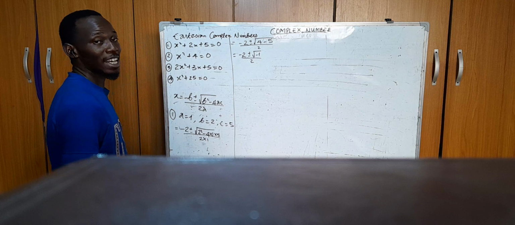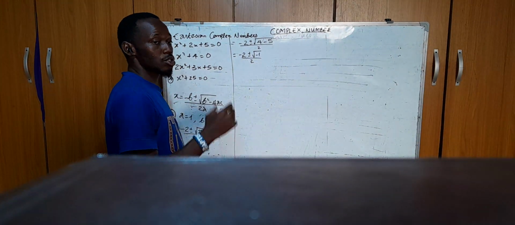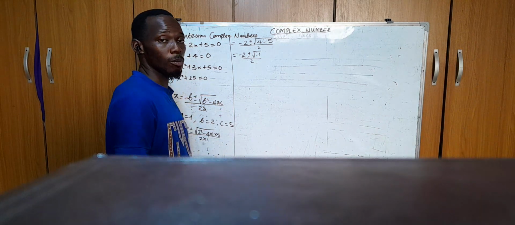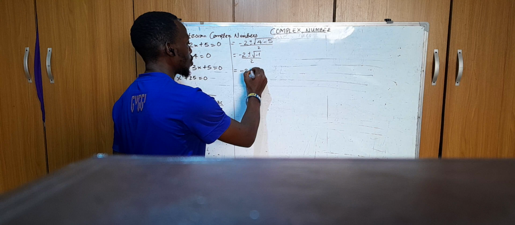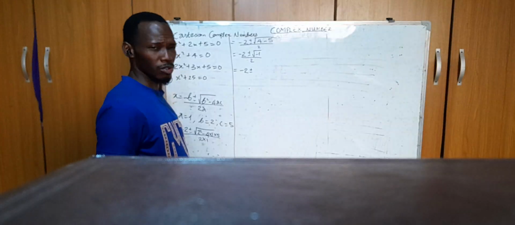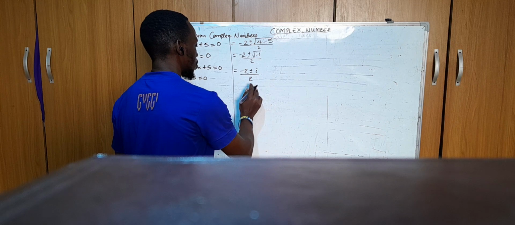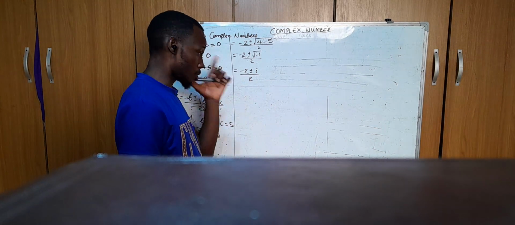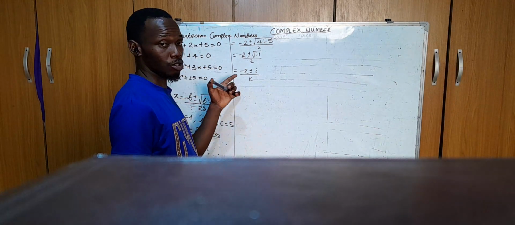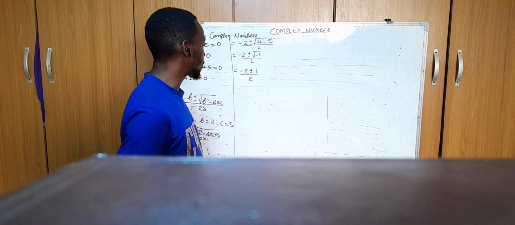So anytime you have the square root of a negative value, just know that you are resolving into complex numbers. So not to waste time, this is minus 2 plus or minus the square root of 1, which is i, over 2. If you have a problem with that, you can check the first video. I have done an introduction concerning the square root of a negative value.